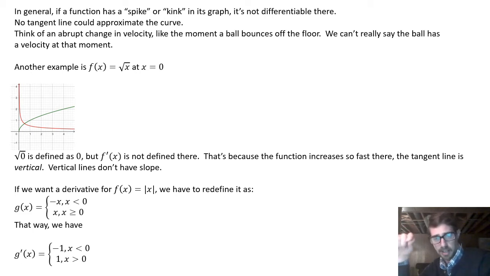And we had to take off the greater than or equal to on the x and 0, because now we've made it so that g prime of 0 doesn't have any definition at all. It's just if x is strictly negative, it's -1. If x is strictly positive, it's 1. And we don't even have to say it doesn't exist for 0 because we just don't see it there. So that's really the derivative of the absolute value function. It's a weird one. It probably won't come up again. But if you had to do it, that's how you do it.